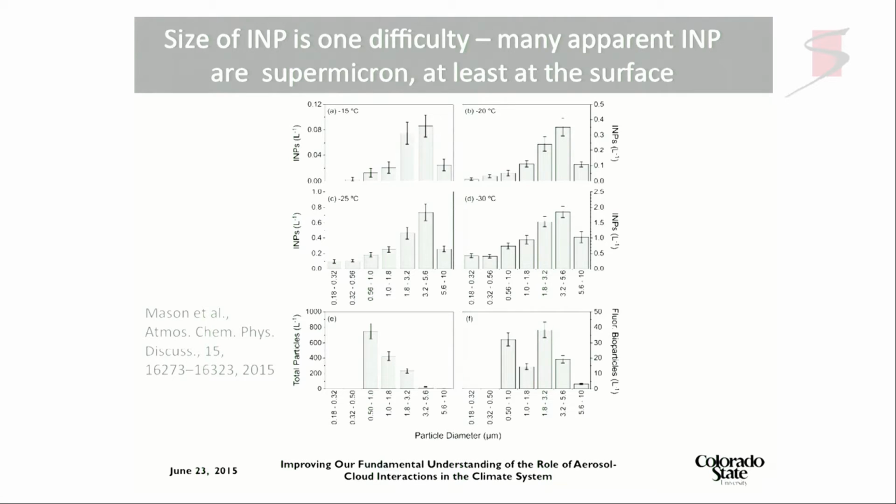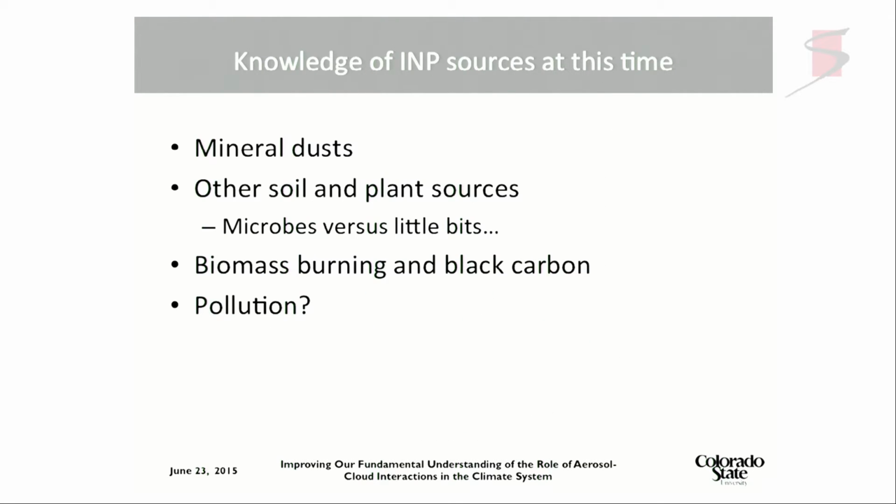This is a method that uses a Moody sampler and gets samples that are then processed for immersion freezing and finds out the size of the ice nuclei. Well, we're missing fully 50% of them due to our cutoff of the entry of aerosols into the continuous flow instrument. So this is one of the biases we need to be concerned about and why we need additionally measurements like this if we're going to characterize the entire distribution that's available.